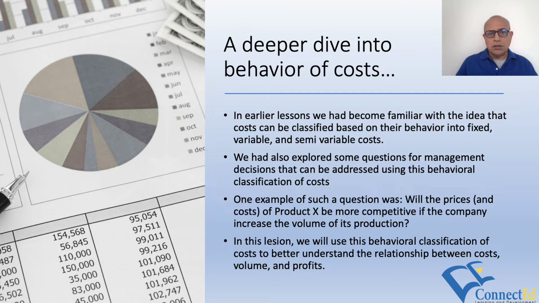A quick answer is to say yes. More you produce, less will be the cost per unit, the typical scale economy argument, and therefore more competitive the pricing can be. But we have to be careful. There has to be some kind of an analysis before you can conclude very firmly how the costs are going to behave with volume. And that's what this lesson is about.